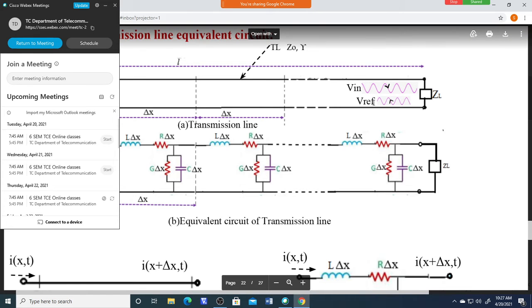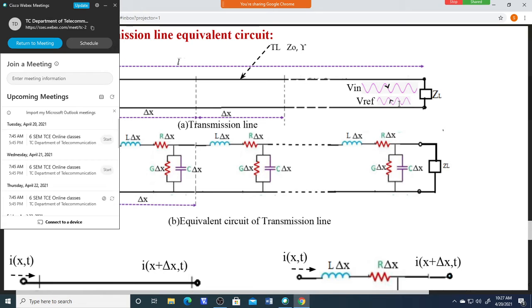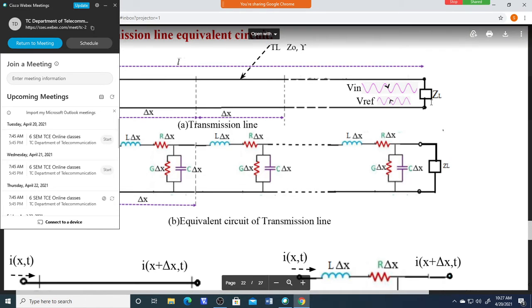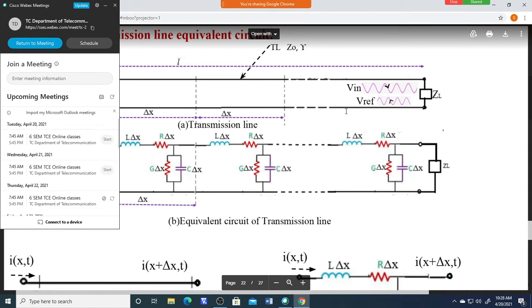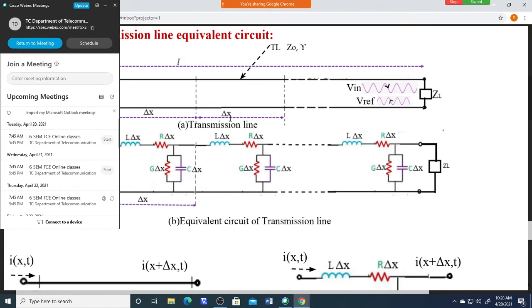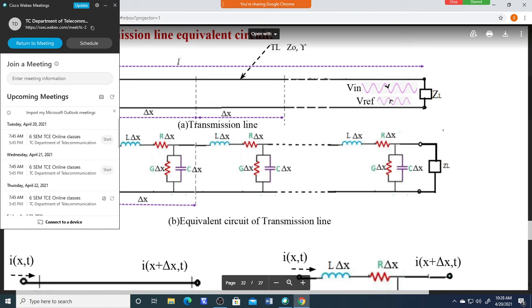But now you see, this is a reflected wave. This reflected wave is generated here at the load, and it is moving in the opposite direction towards the source. So while traveling like this, its amplitude decreases as the distance decreases. See, distance is like this, we are moving towards the source.